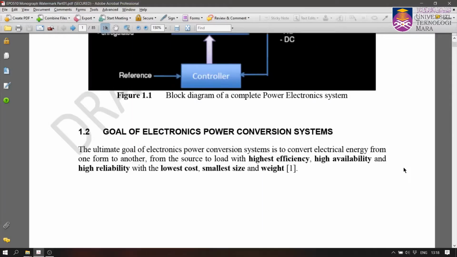And now we look at the goal of an electronic power conversion system. While doing these conversions, there is an ultimate goal, whereby we want to convert the electrical energy from one form to another, from the supply to the load, with the highest efficiency.